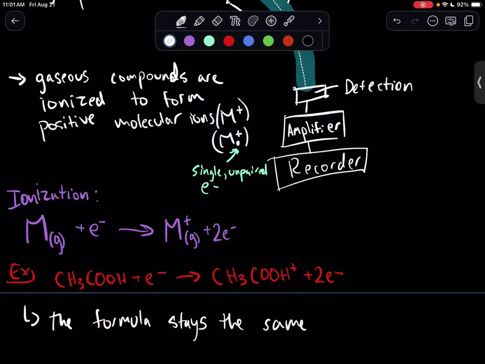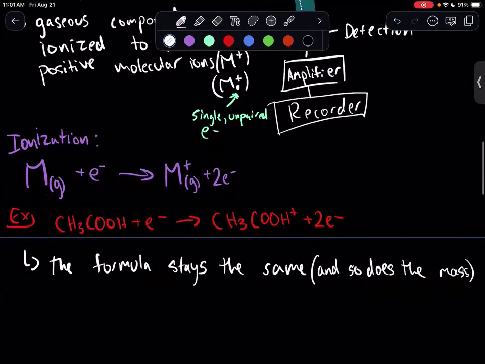And because of that, so does the mass, because as we know, electrons have negligible mass. But you may have also noticed that it's now positive.